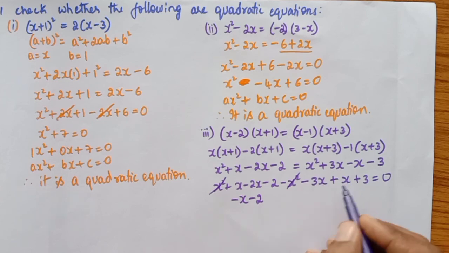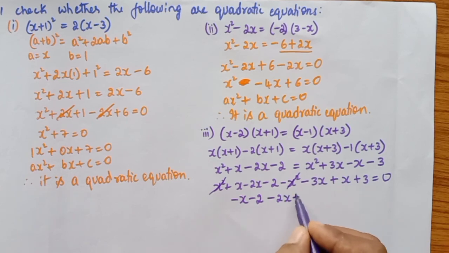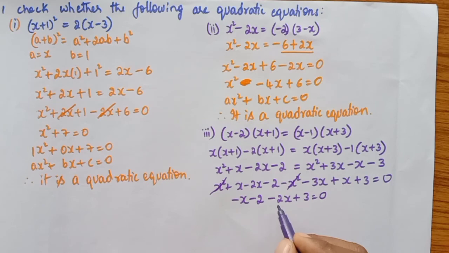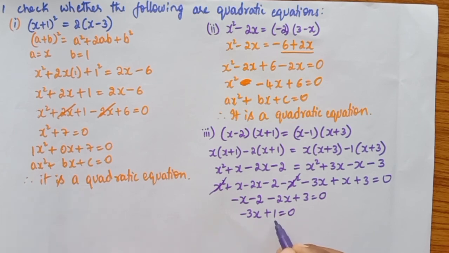Minus 3x plus x is minus 2x plus 3 is equal to 0. So what happens here? Minus 2x minus x is minus 3x, minus 2 plus 3 is plus 1, is equal to 0. It is not a quadratic equation.